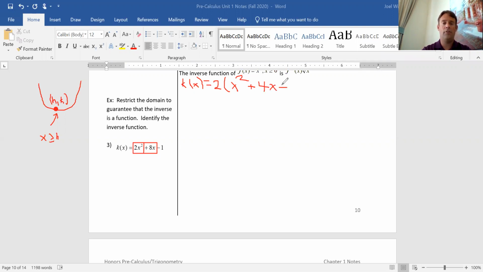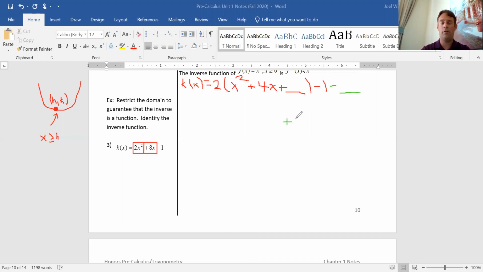And then I'm going to add some number to it to figure out how to get the value we want. Now realize, if I'm going to add a number in here, and that's the completing the square thing we learned, it's going to change the value of the expression. So if I add a number in here, then on the outside, I'm going to have to end up subtracting that same number.